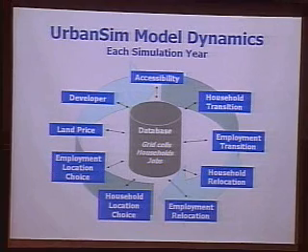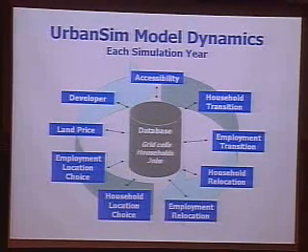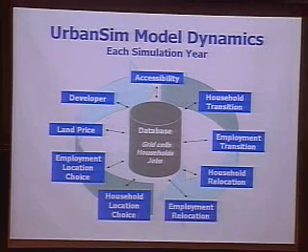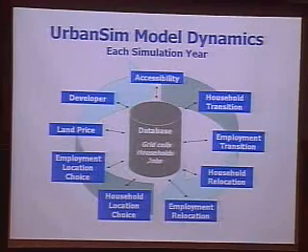Then there's a household relocation model, which looks at each household, and it's based on income and the age of the household. Younger households tend to move more frequently, and depending on the combination of household age and income, there are different rates for transitions.